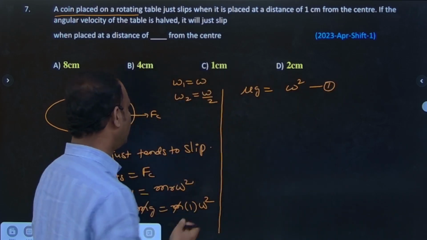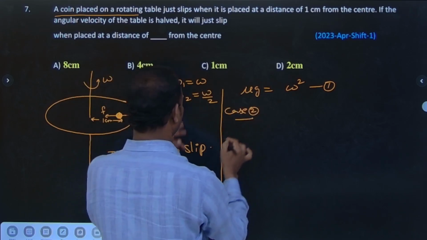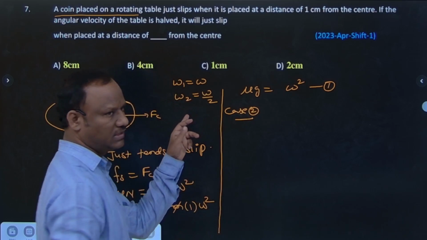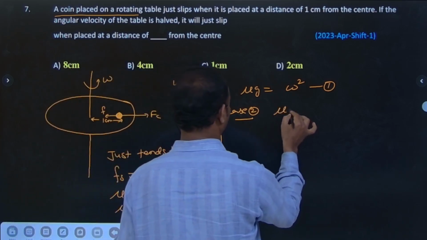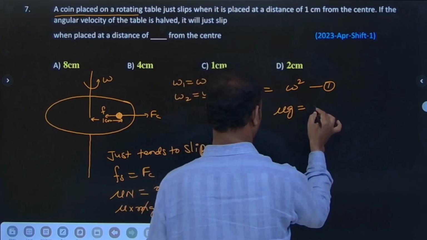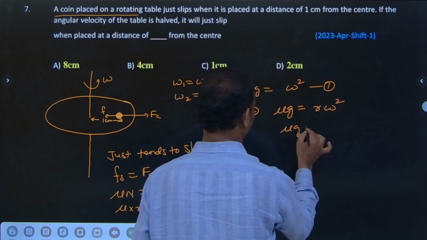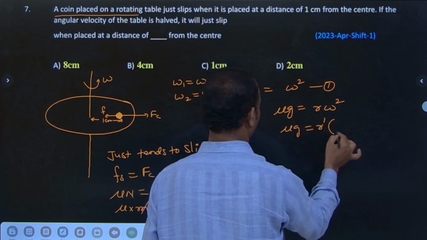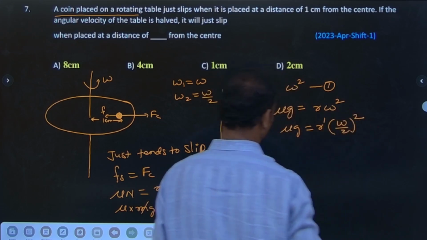In case 2, the angular velocity becomes half. Then mu g is equal to r dash into omega by 2 whole square.